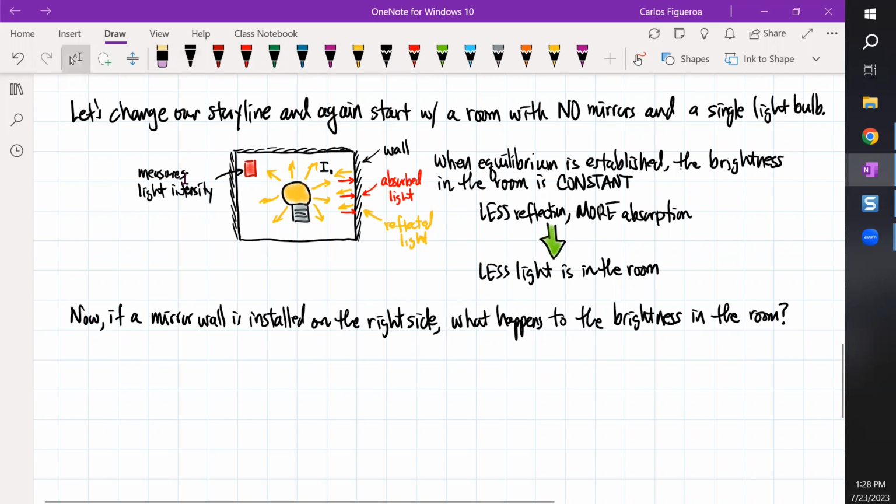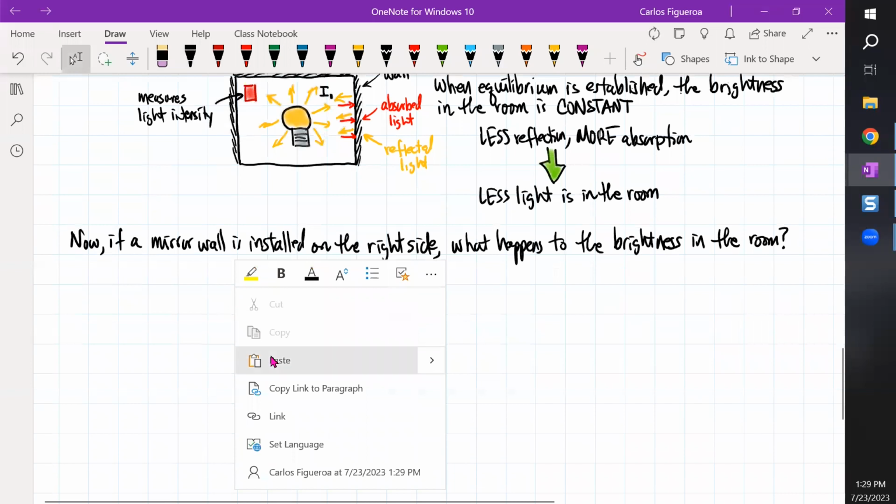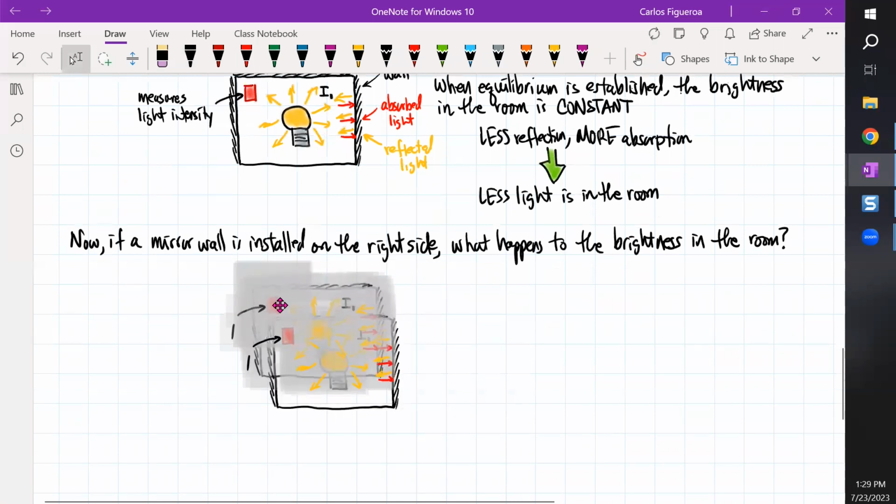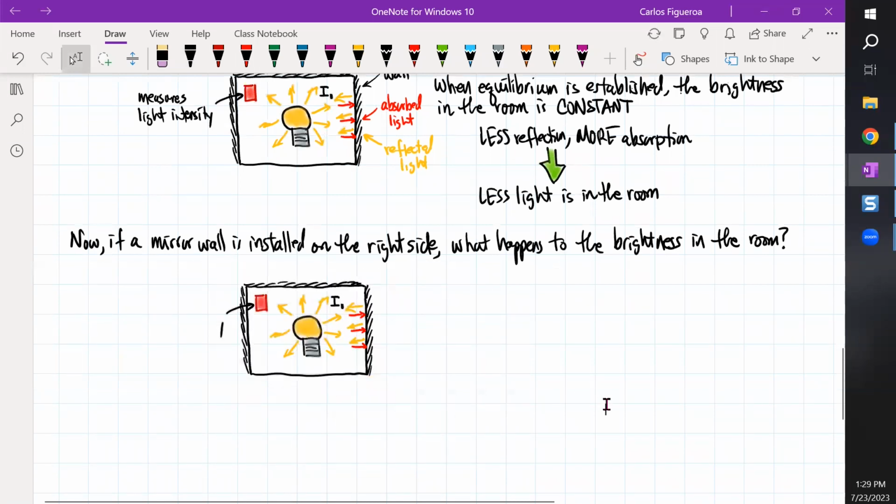So if I take my situation again, I'm going to copy this image and redraw it, modifying it to fit what I needed. So again, here's my light source. I've got to get rid of this wall right here.